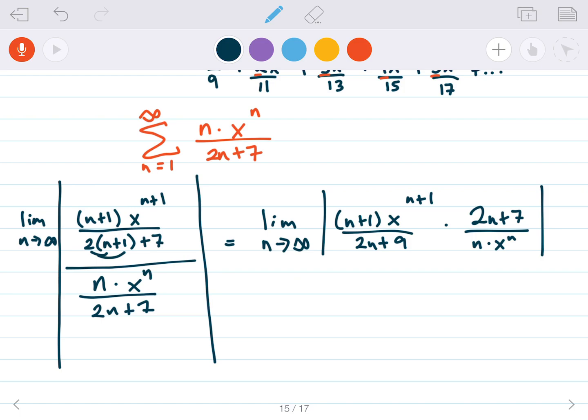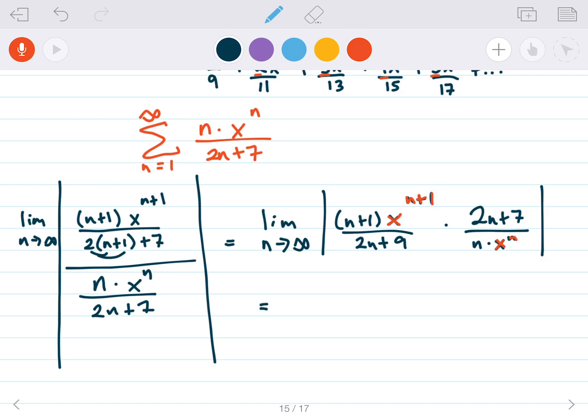Let's see, what can I simplify here? I can simplify the x's, really, and that's kind of it for now. I see this x to the n plus 1 divided by x to the n.